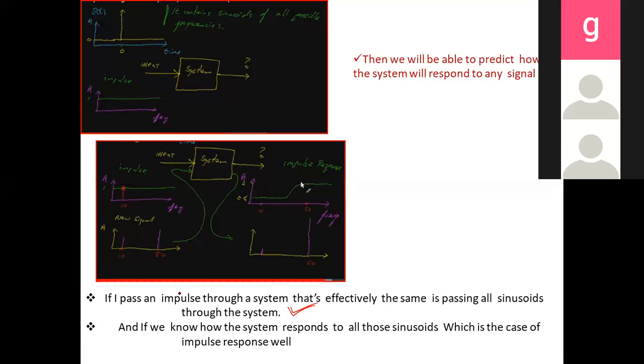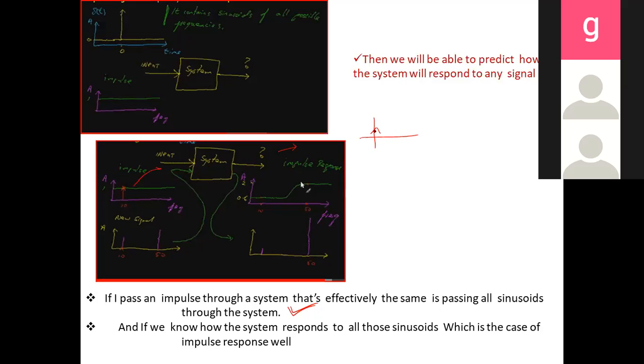So if I pass an impulse like this, it is effectively passing all sinusoids through this system. Then the response you can see here is the frequency response.